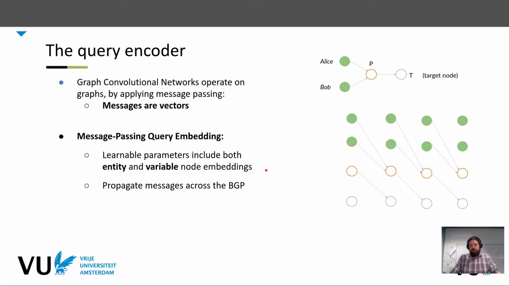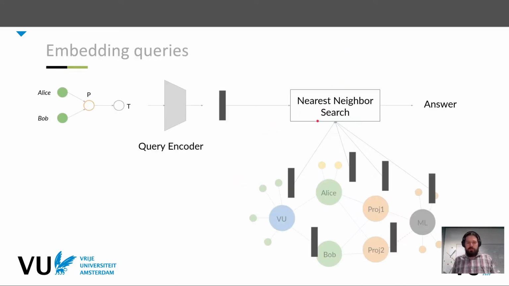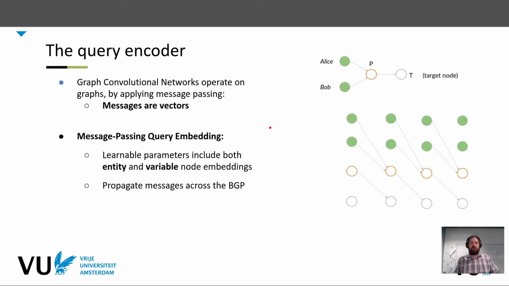In this style, which we call message passing query embedding, we learn those embeddings we talked about, but we also learn the weights we put on the edges in our relational graph convolutional network. So these are two learnable parameters: both the entity embeddings and the weight matrices are learned.